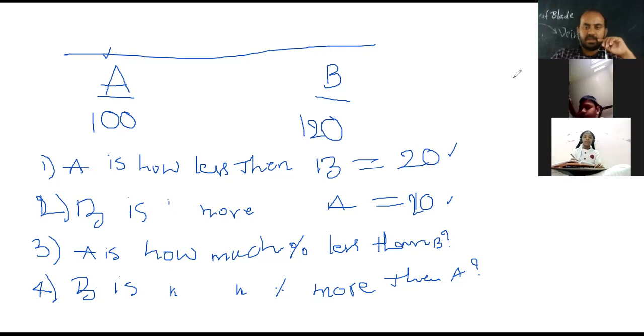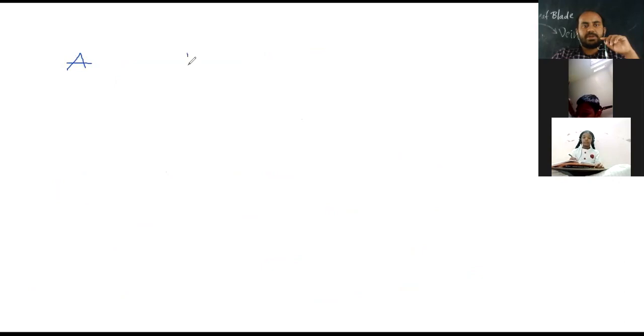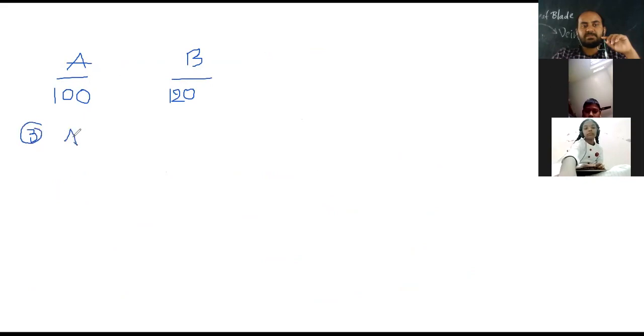Over, sir. Yeah, good. Then see, person A and person B, right? Person A has 100 rupees and person B has 120 rupees. And what is question number 3? A is how much percentage less than B? Yes. This downward arrow symbol means percentage less.